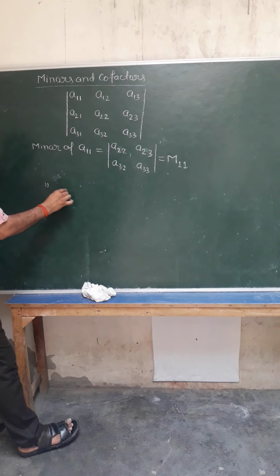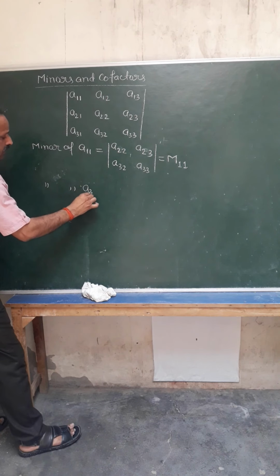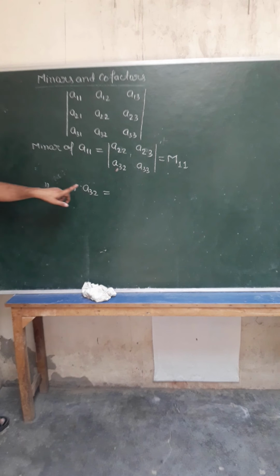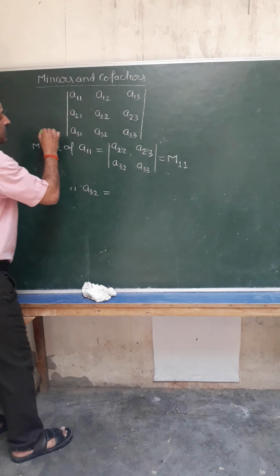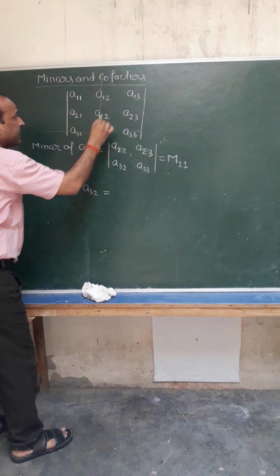Similarly, if you want to find the minor of A32, the element is A32, meaning third row, second column, then hide the third row and second column.